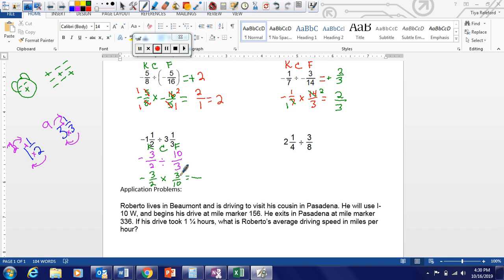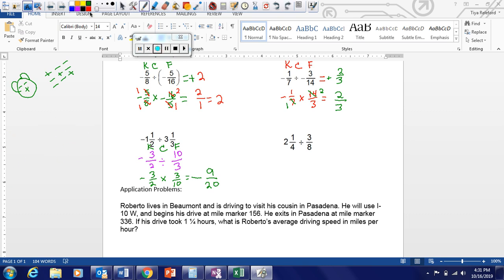And I'm going to multiply 3 times 3 is 9, and 2 times 10 is 20. I need to simplify if I can, but 9 is prime, and 20 doesn't divide by 9 very nicely, so I'm done. One extra step if it's mixed numbers.